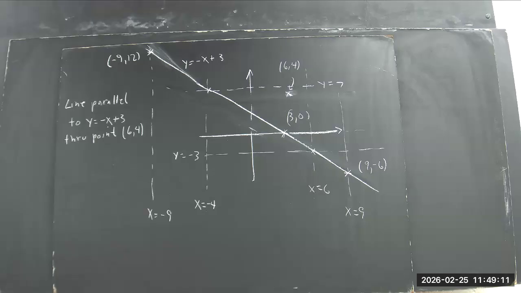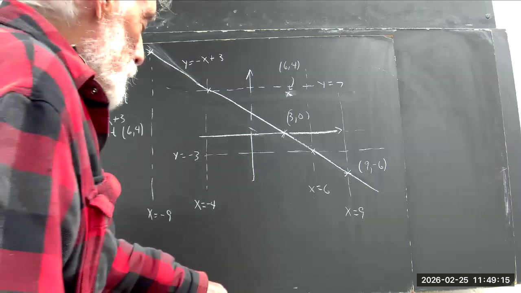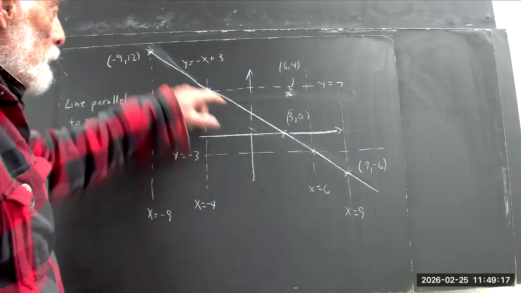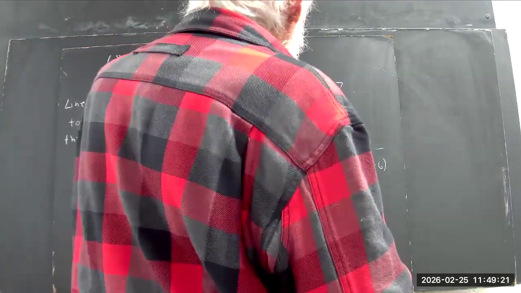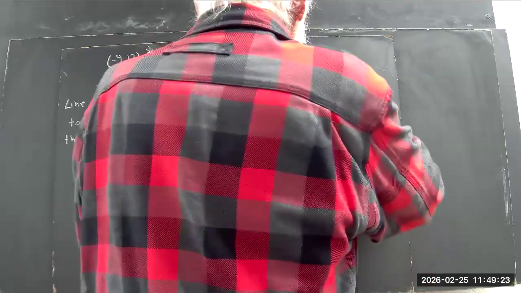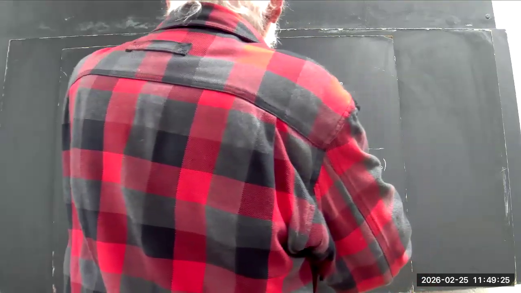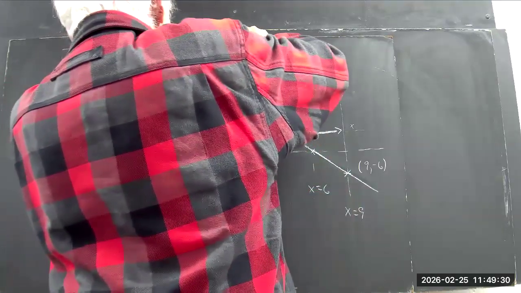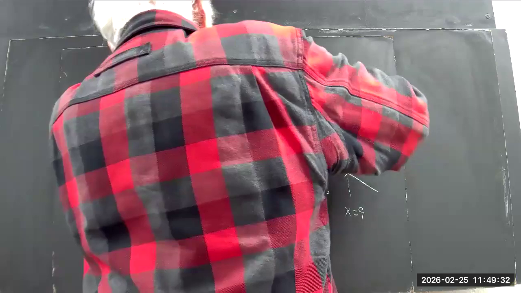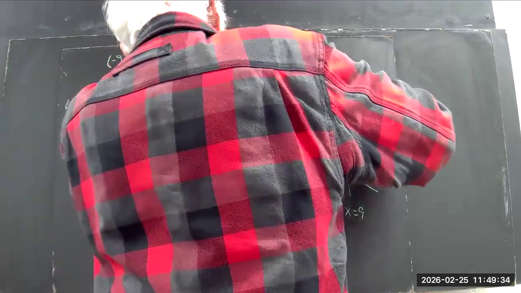Okay, now we've got two parallel lines. This one and a line through here. Now, let's see if it's going to be parallel. I'm going to do a better line if I have the points to aim at. Stroke slipped.